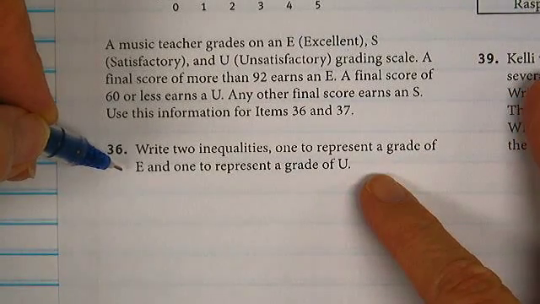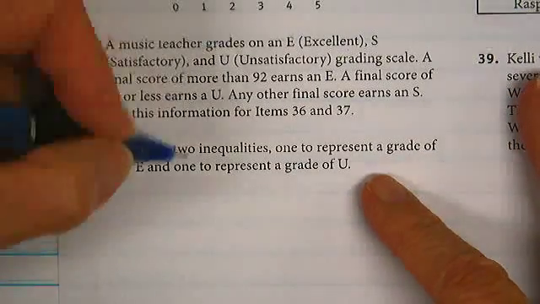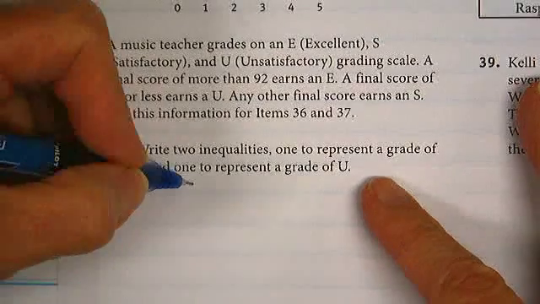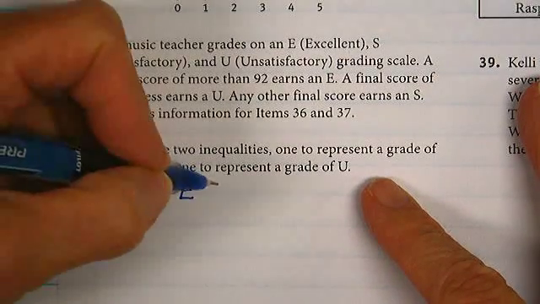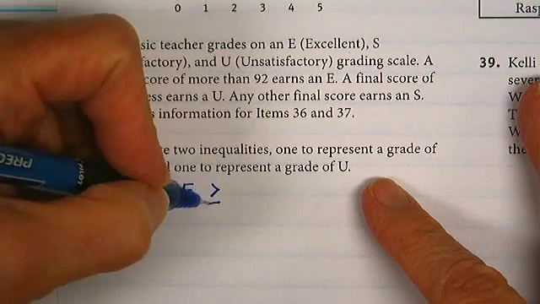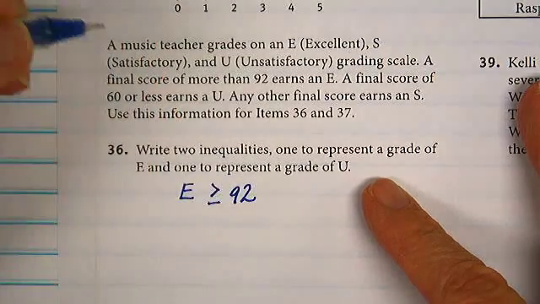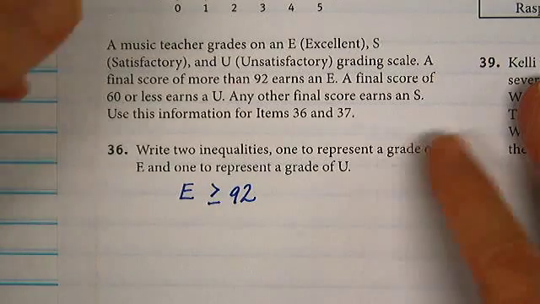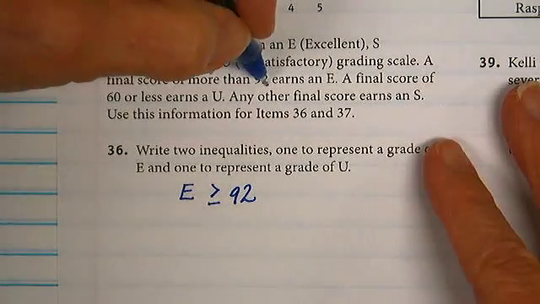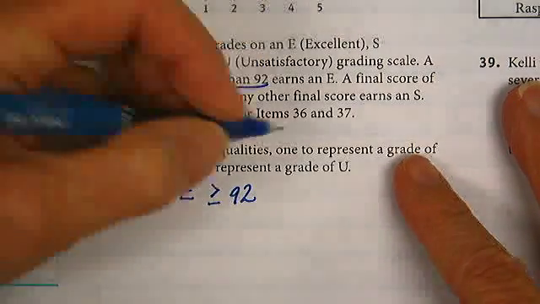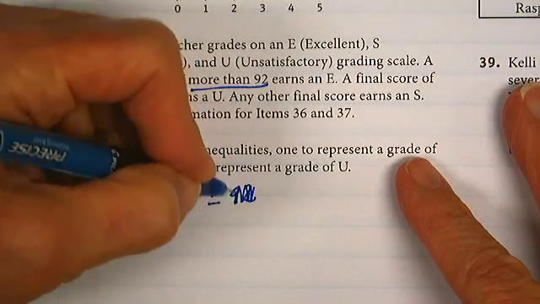grade of U. Okay, the score for E must be greater than or equal to 92. No, more than 92. So this is not correct.